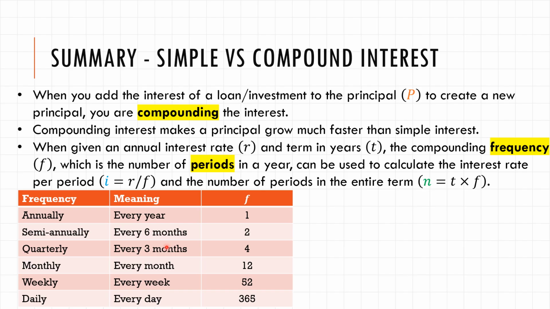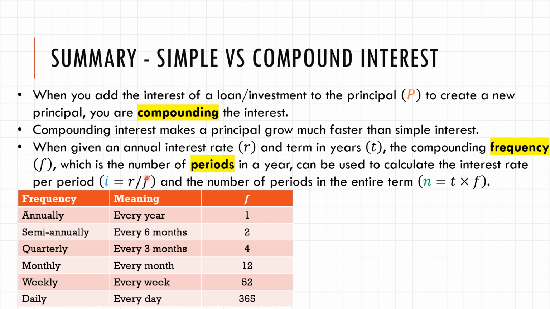And how many periods of 3 months are there in a year? 3, 3, 3, 3 makes 12 months in total, so 4 periods. If it compounds monthly, there's 12 months in a year. If it compounds weekly, there's 52 weeks in a year. And if it compounds daily, that is 365 days in 1 year.